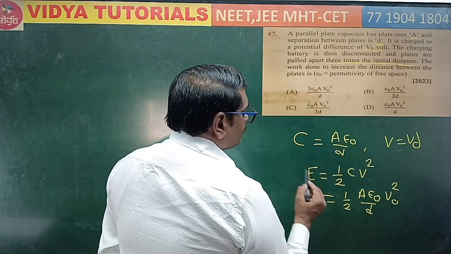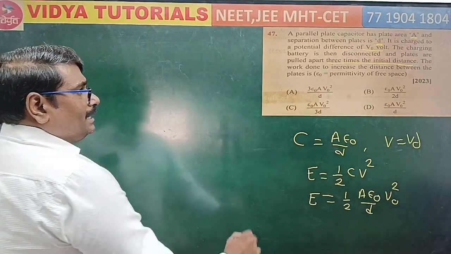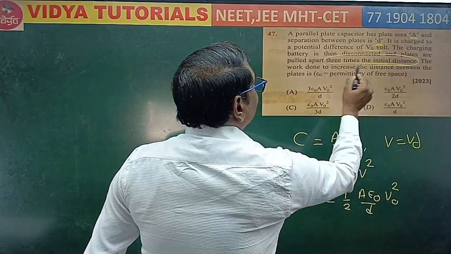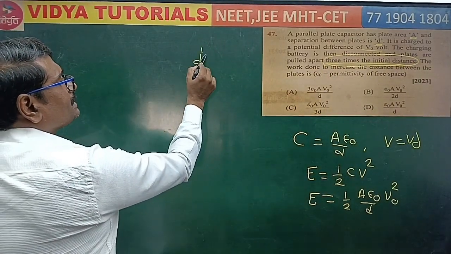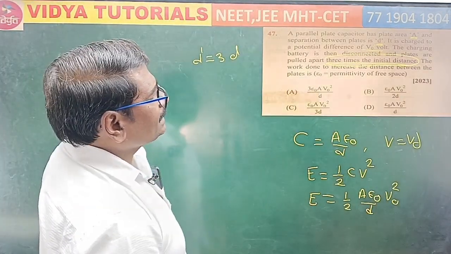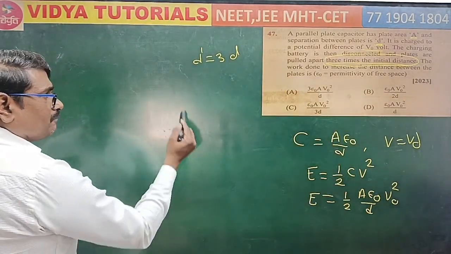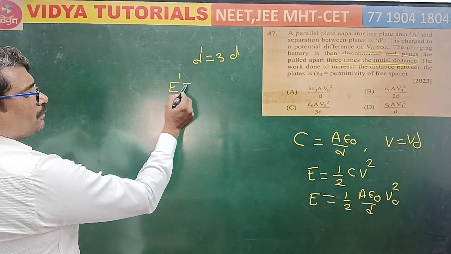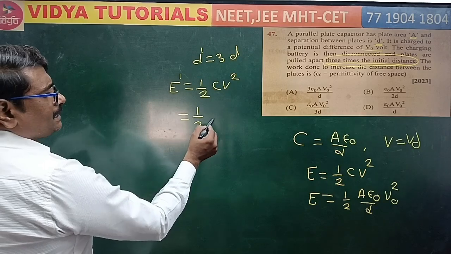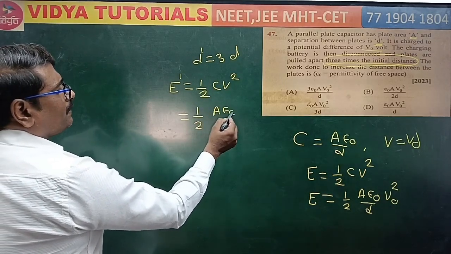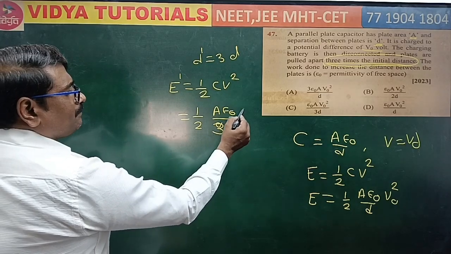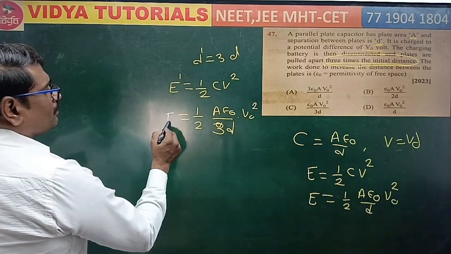This is the initial energy. Now by the second condition, distance is increased by 3 times, means the new distance is thrice d, and at the same time V naught as it is. Therefore, we can say the new energy is equal to half CV square, half A epsilon naught, but d as thrice, therefore here we can write thrice d and V as V naught square, that's called E dash.